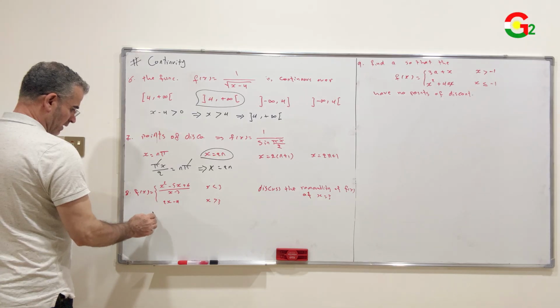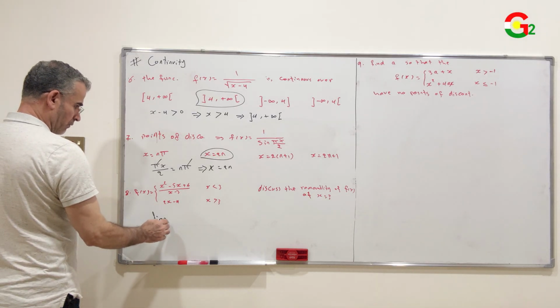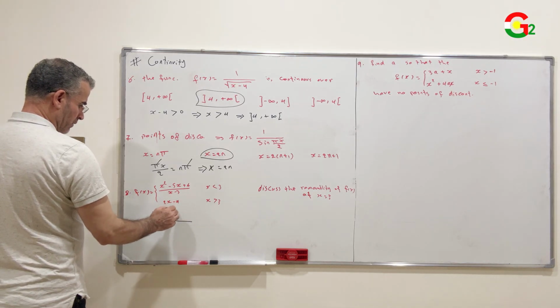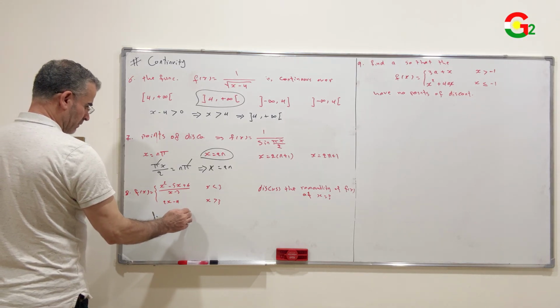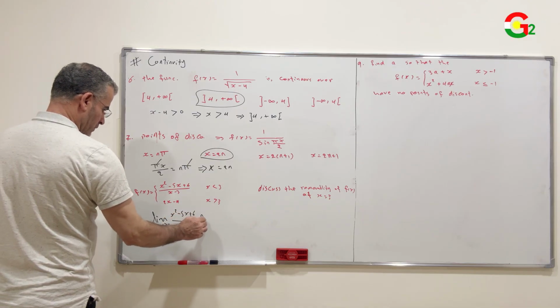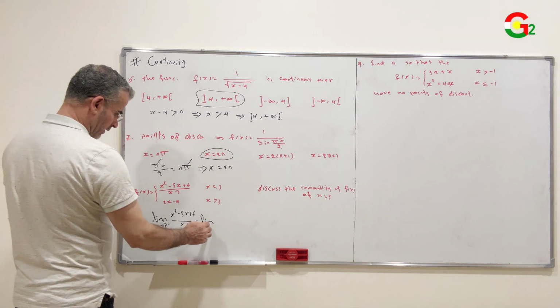So let us find the limit when x approaches 3 from the left. Use this segment, (x² - 5x + 6)/(x - 3). If you substitute directly, then you will get an undefined term.